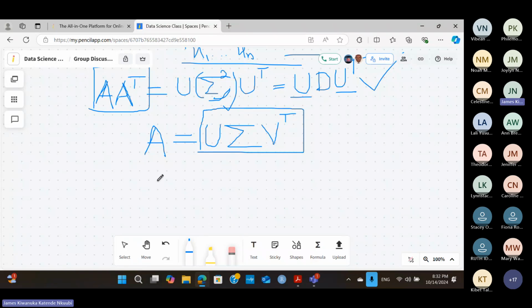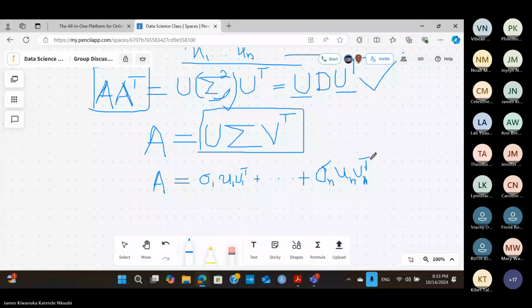And once you have this, what you can do with this as a first application is to approximate a matrix. You say A is the same as sigma 1 U1 multiplied by V1 transpose, and so on. You keep doing this until you exhaust all of them. If you wish to exhaust all of them, you'll go all the way up to sigma n, Un, and then Vn transpose.